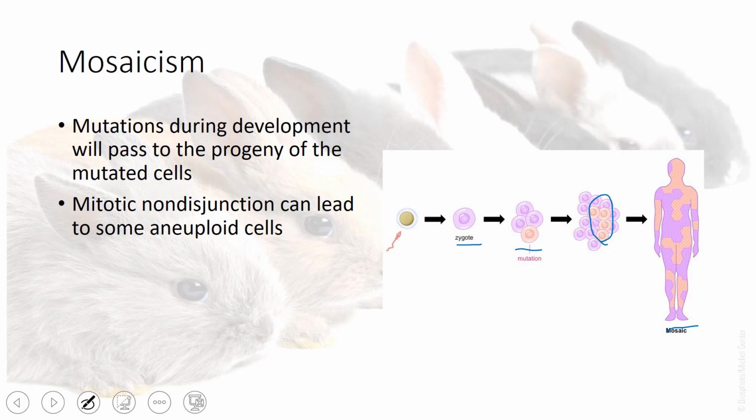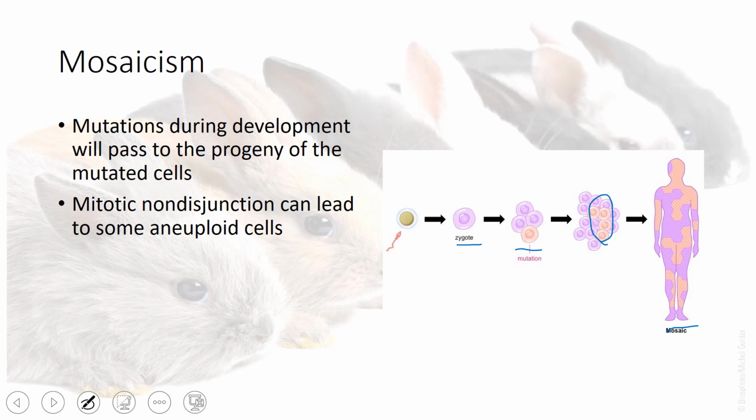When you get nondisjunction in meiosis, it results in aneuploidy of some of our chromosomes in the gametes: either a gamete with two copies of a chromosome, which would then fuse with another gamete to give you a trisomy for that chromosome, or a gamete that's completely devoid of a copy of a chromosome, which would then fuse with another gamete and give you a monosomy.